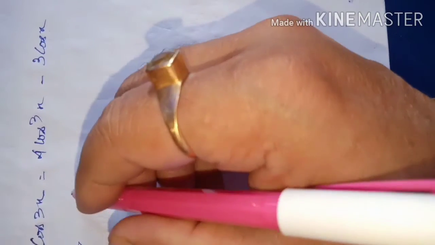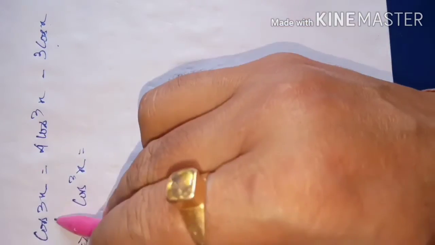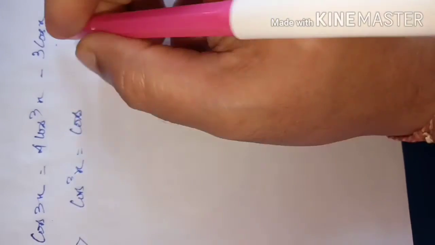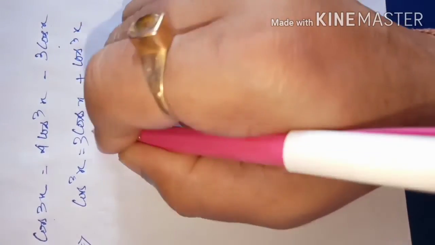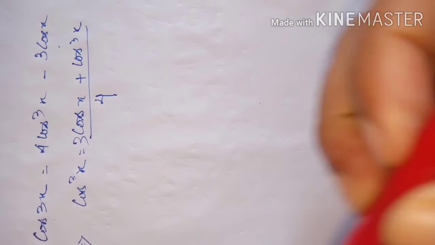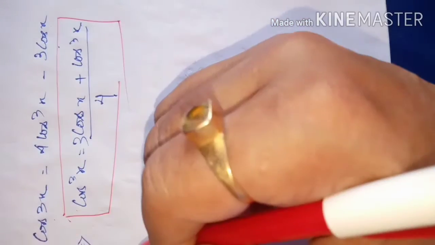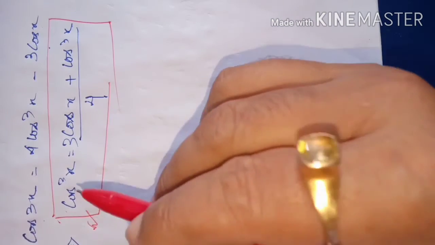So when the expression is in this form, you can write cos cube x equal to, if we take this to this side, 3 cos x plus cos 3x divided by 4. So this will be for cos cube x. So when a problem is given in cos cube form, then we can write this way. Okay, students, got the idea? So it is not only the one way, there are so many other ways.